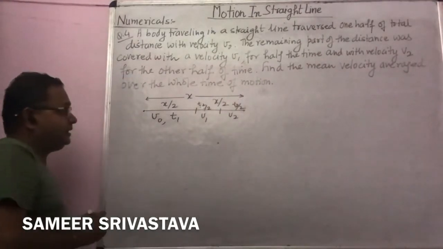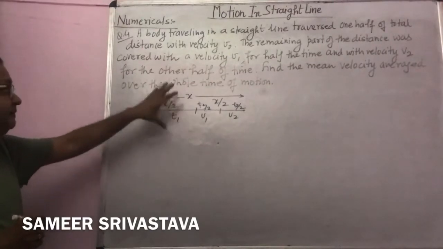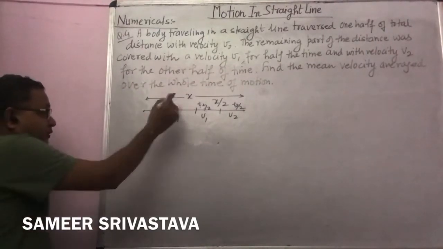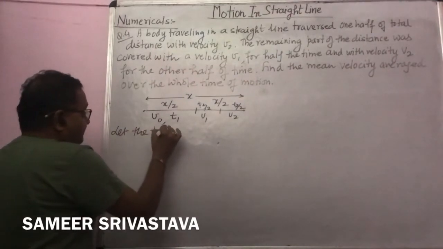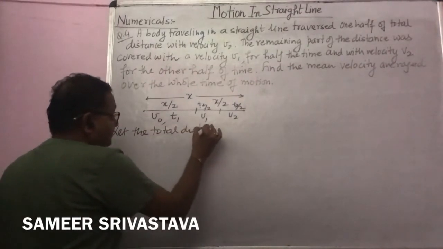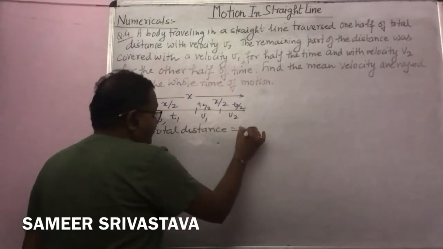So students, easily with the help of this diagram we understand what the question says. Now solve this question. Let the total distance be x. Okay.